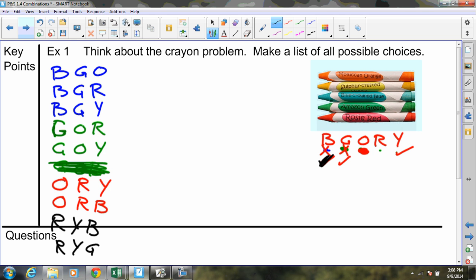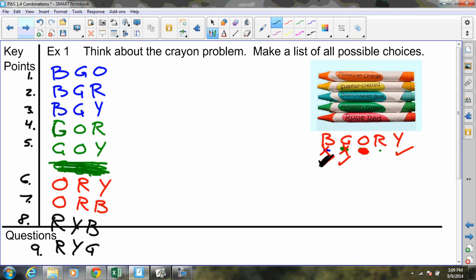The only other ones where we had red and yellow were red, yellow, orange. So we've got those. So right now we're looking at 1, 2, 3, 4, 5, 6, 7, 8, 9 answers.